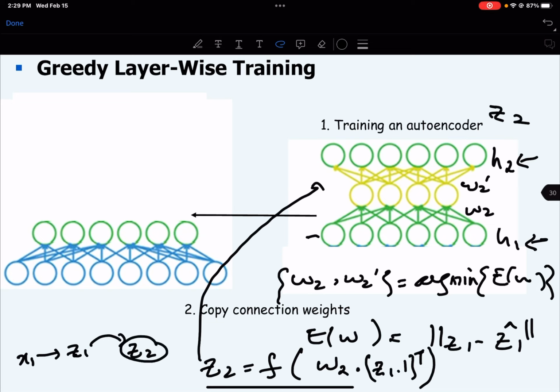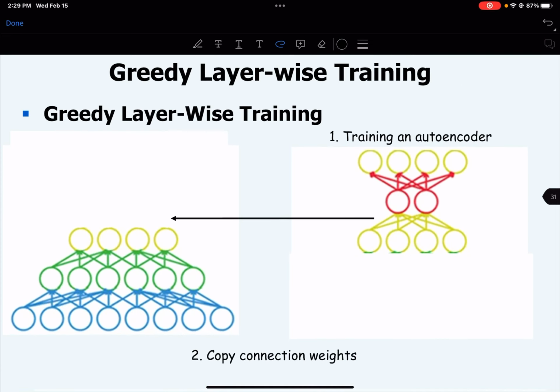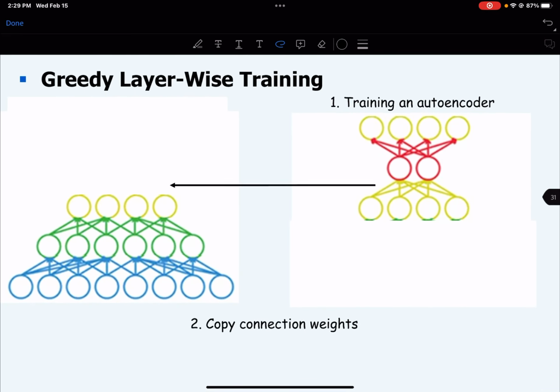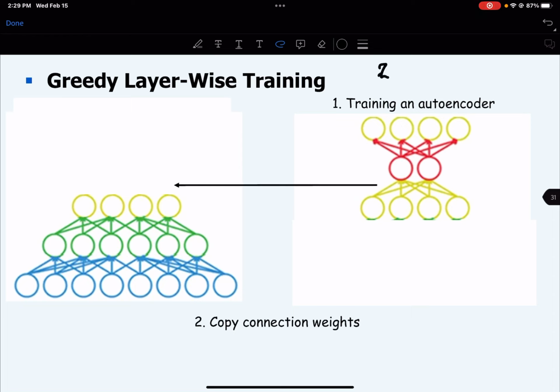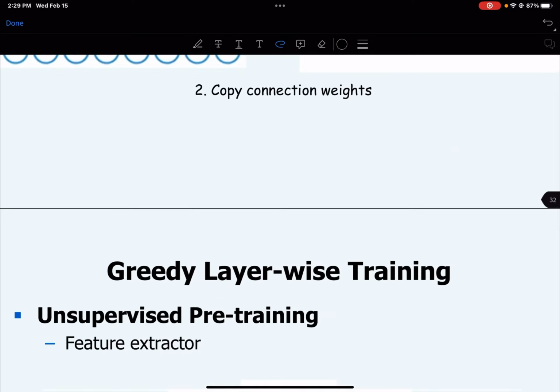And when you have your Z2 that is derived from Z1, you will chop off this part, because this layer is now trained. You now have your Z1, you now have your Z2, which are the latent outputs, and now your Z1 will be given as an input into your next layer until we have all the layers.